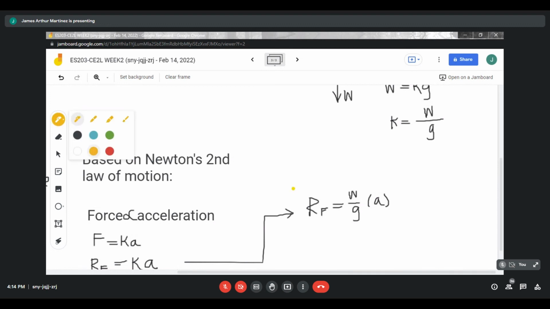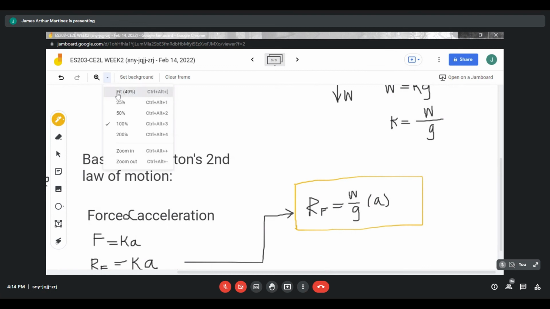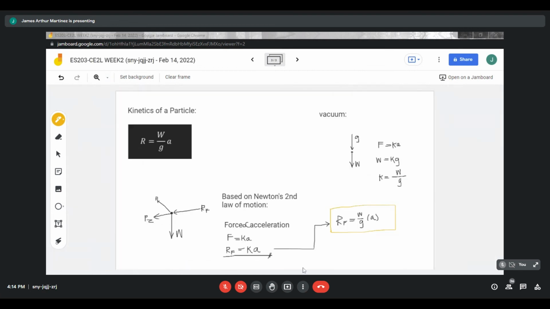So that is the concept behind the formula, the concept behind the fundamental equation of kinetics of a particle. Again, this is just the fundamental concept of kinetics of a particle with regards to the force and acceleration.